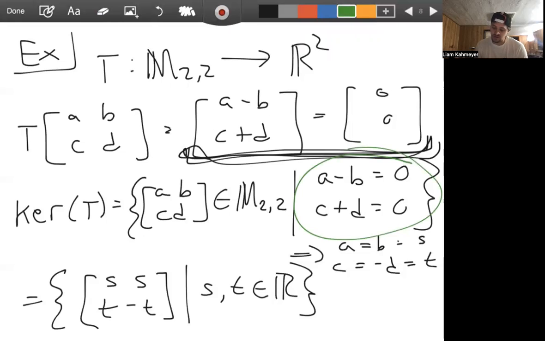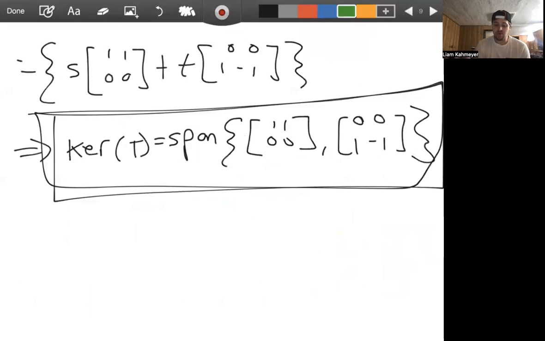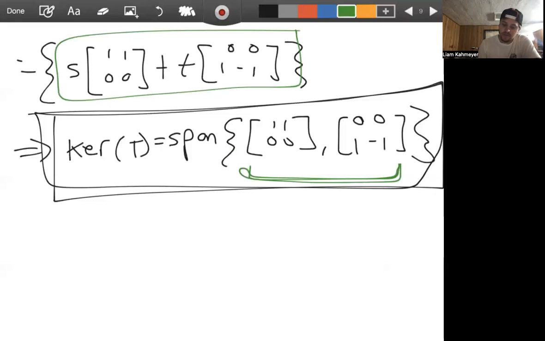We found the solution to that system given by A equals B, C equals negative D, threw in the parameters, wrote the parameters in terms of linear combinations of other matrices, and used those to define the kernel in terms of some basis, right? This is a basis for the kernel now, because it's pretty easy to verify that those two matrices are linearly independent. You can also verify, well, this up here verifies that it spans.